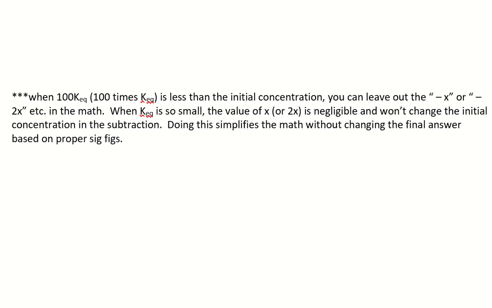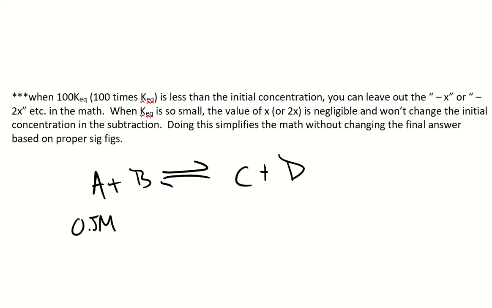So just as an example of this, let's say you were given some sort of reaction A plus B in equilibrium with C and D. If your concentration of A was, for instance, 0.5 molar, and your KEQ was, we'll say, 1 times 10 to the minus 8, well, that KEQ times 100 is still significantly less than 0.5 molar.